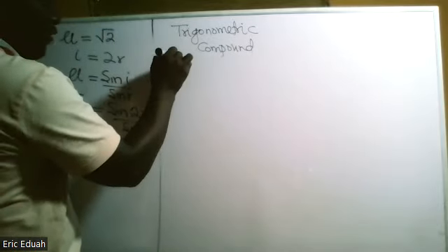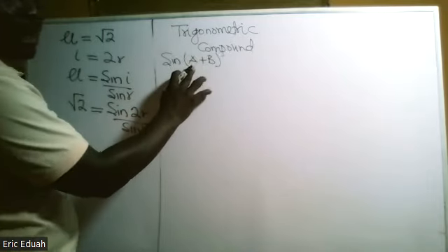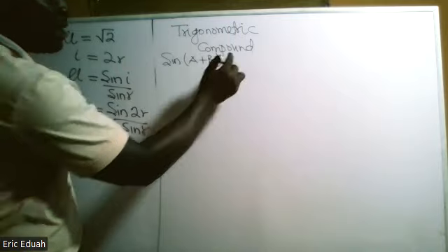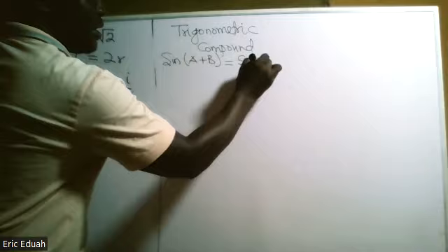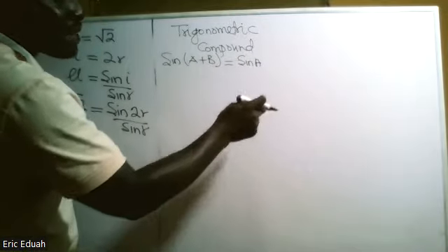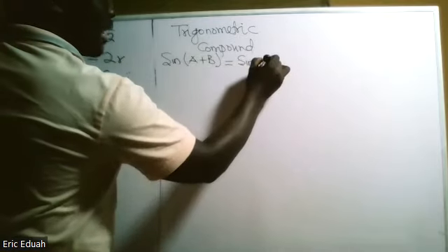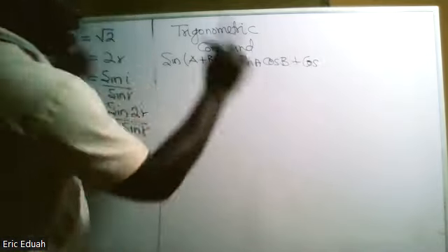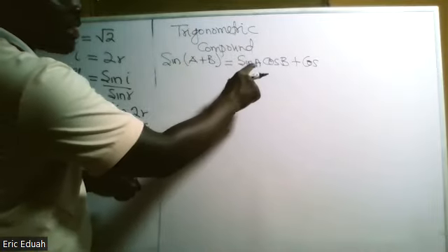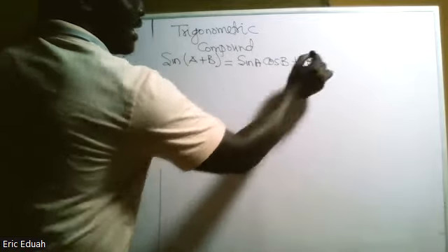So sine of A plus B, one angle A, another angle B, the expansion of this is equal to sine A cos B plus cos A sine B. Now the angles swap. It was A B, it should be B, cos must take A.